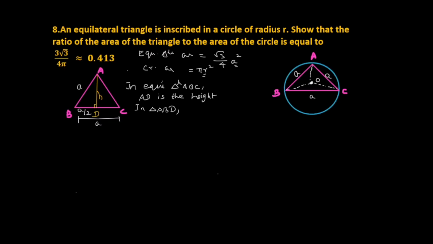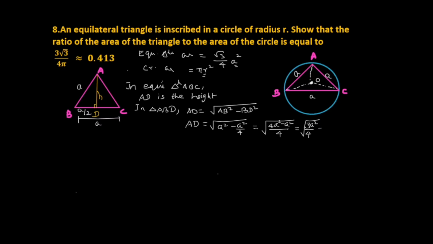Our height AD is equal to the square root of hypotenuse squared, AB squared, minus the other side squared, BD squared. So AD is equal to the square root of a squared minus (a by 2) the whole squared, a squared by 4, which is 4a squared minus a squared by 4, which is equal to 3a squared by 4.